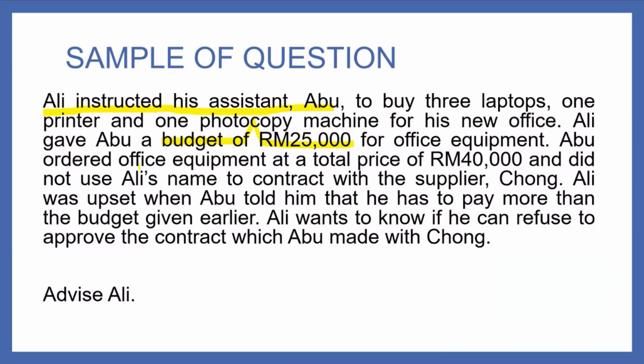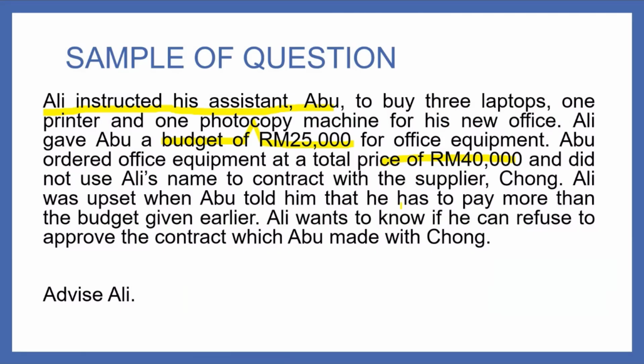And what Abu did was that he ordered office equipment at a total price of 40,000 ringgit, which is exceeding the amount given by Ali earlier. So this should give you a clue as to which method of formation of agency this question is all about.